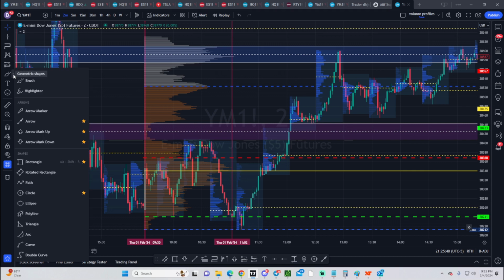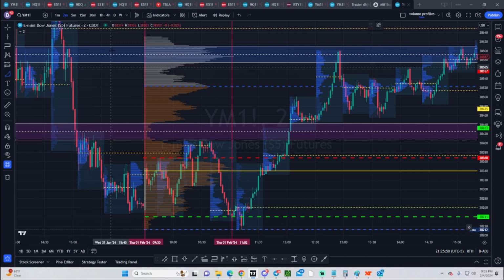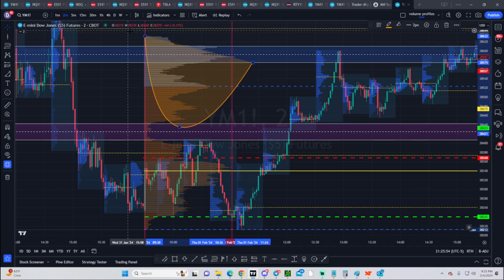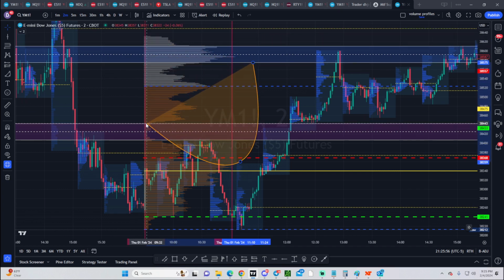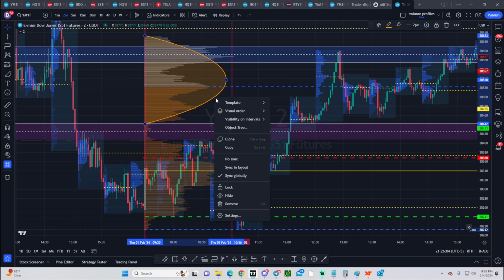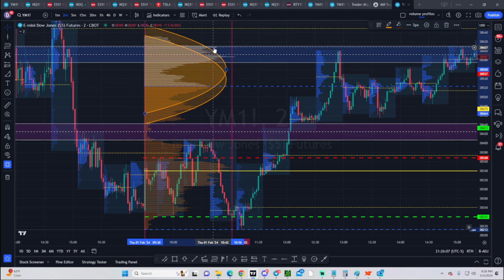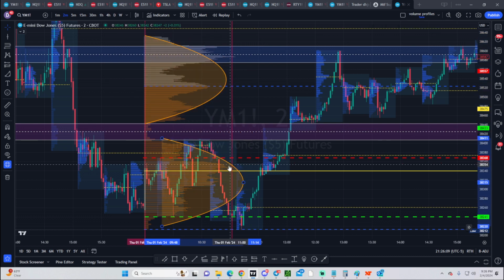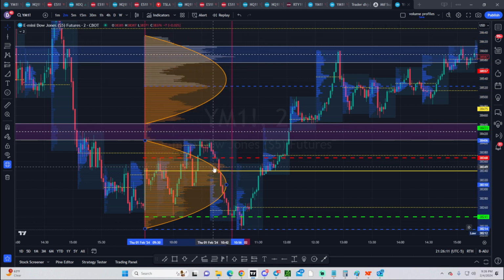I believe that I alluded to this particular one in the previous scenarios. Here we have a double distribution profile. Why a double distribution? Because you can see how the low volume node that is here separates the distributions.